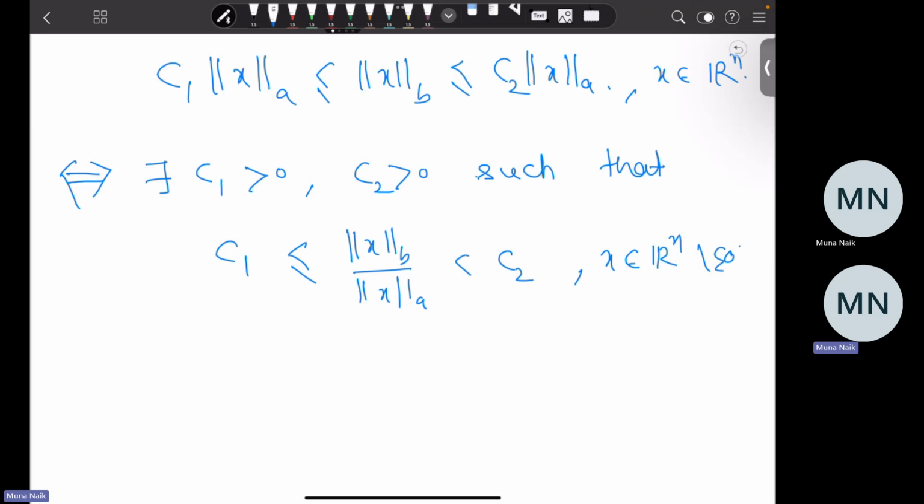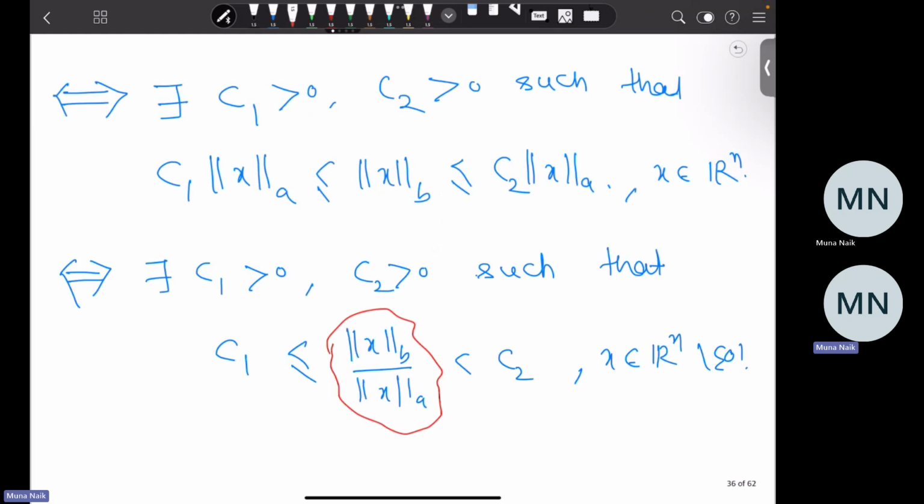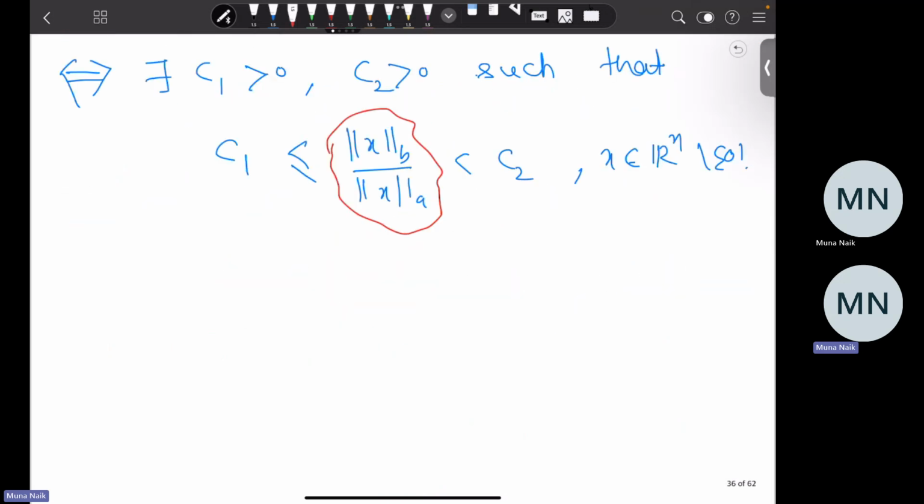If I can show that, then it is done. If we can show that this function norm x_B by norm x_A has a positive upper bound and a positive lower bound, then we are done. Basically, this amounts to showing that norm A is equivalent to norm B.